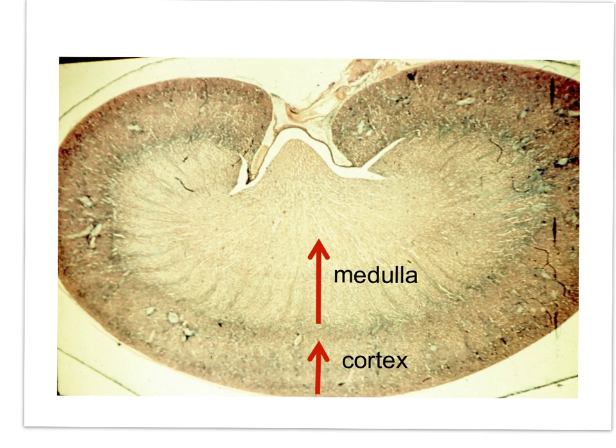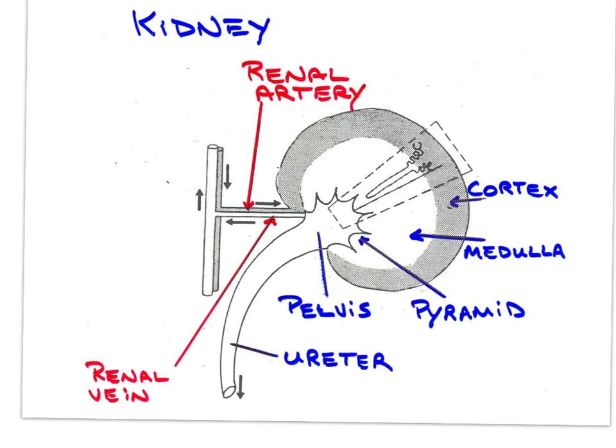Here is a micrograph section of a kidney. The cortex and the medulla are labeled. The arrows indicate the general flow of urine toward the pelvis and then on to the ureter. Here is a nice diagram of the kidney to study. You can see the nephron here. The glomerulus is located in the cortex.